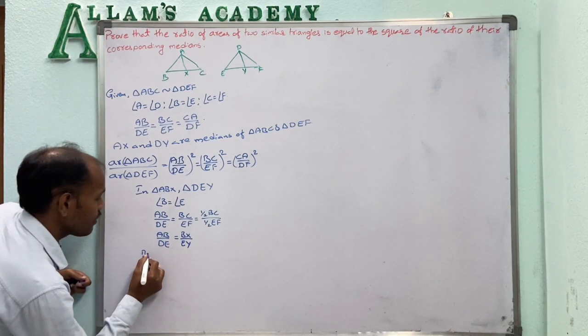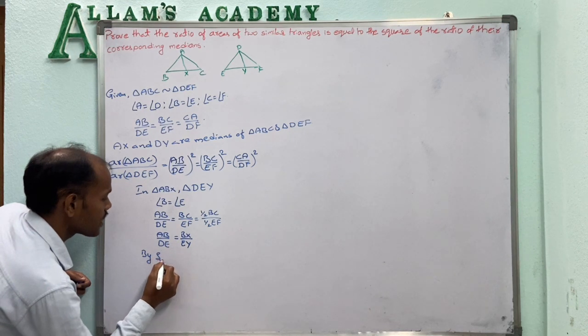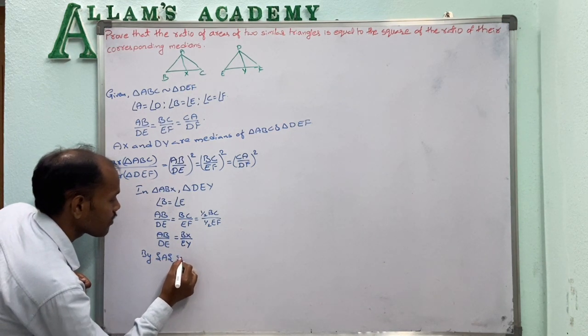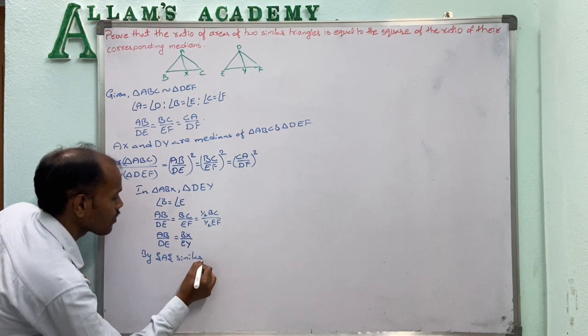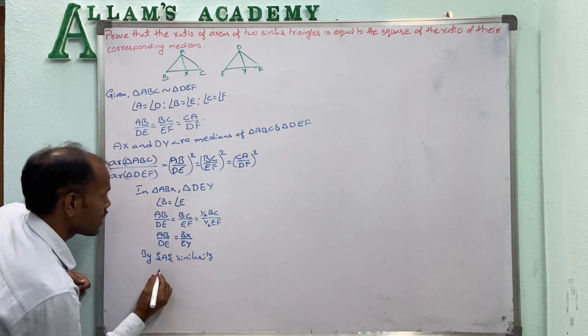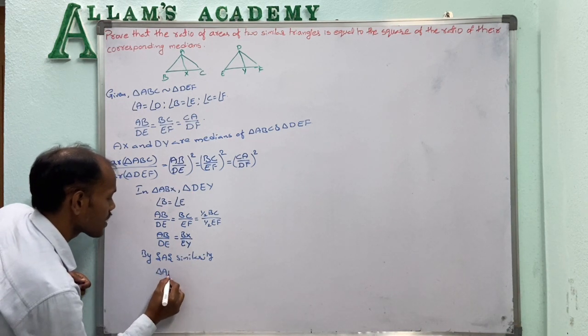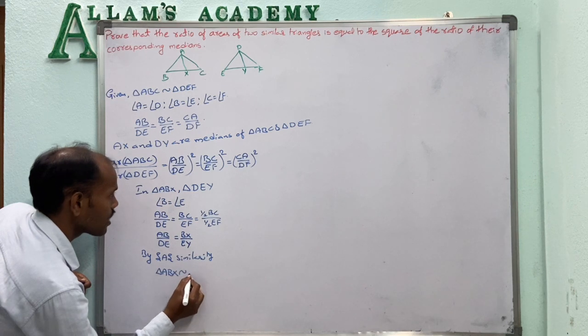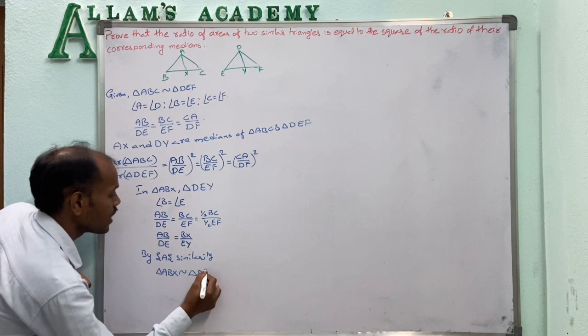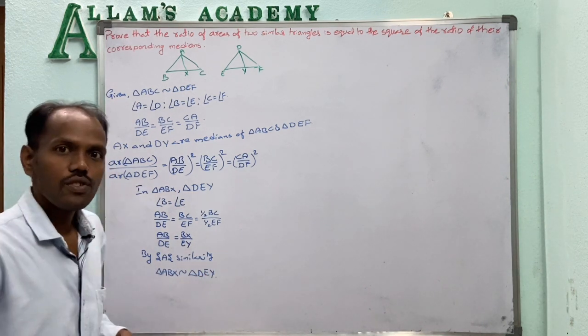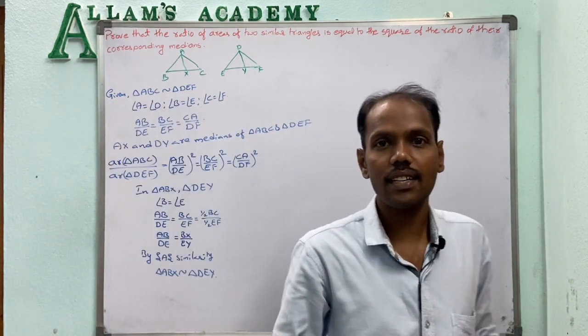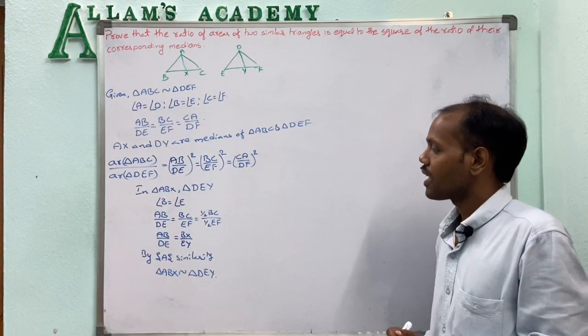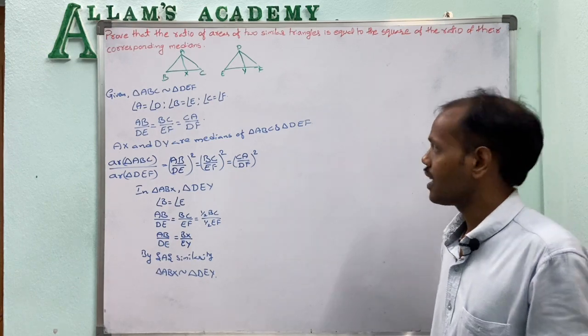So by SAS similarity, triangle ABX is similar to triangle DEY. Now these two triangles are similar, so their corresponding sides ratio is equal.